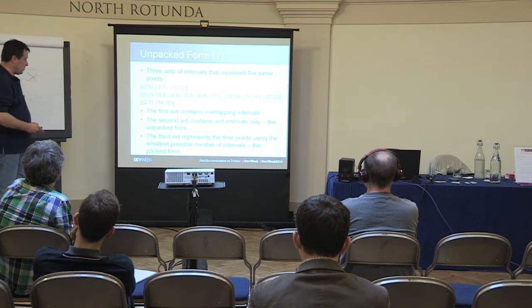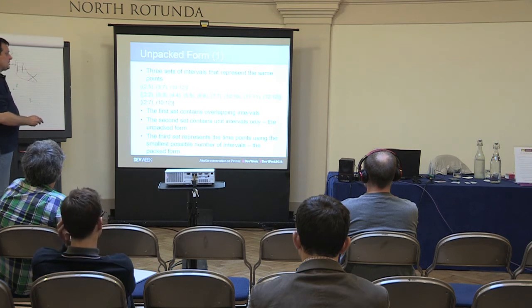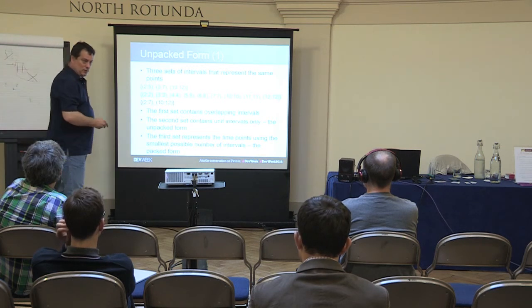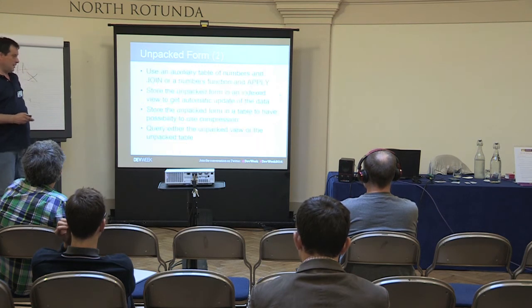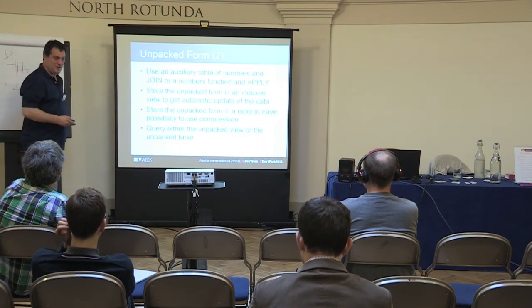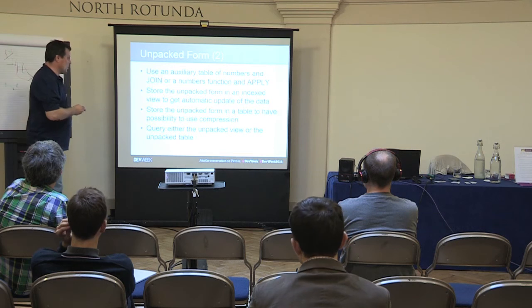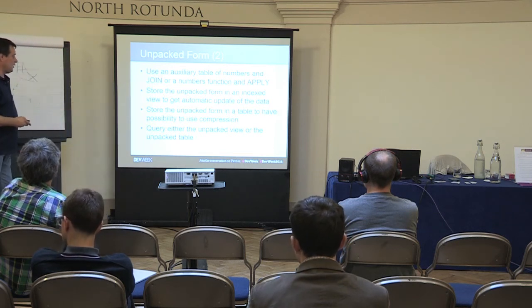This is the original set of intervals, this is the unpacked form, and this is the packed form. This is just a brief introduction to packed form. So how does packed form help us? Packed doesn't help us. Unpacked helps us. We already know how we create it.